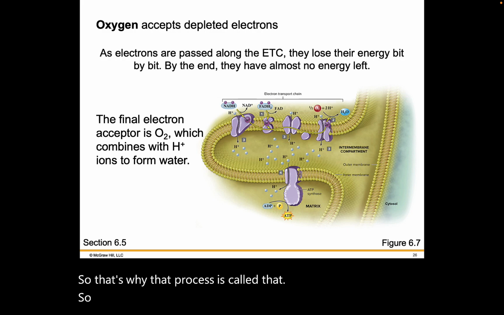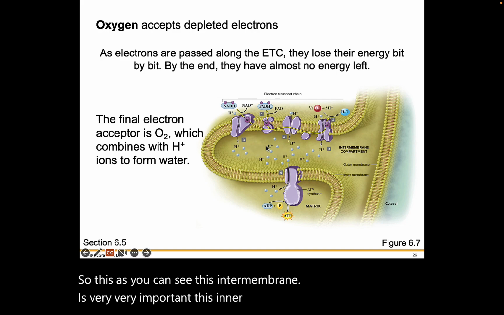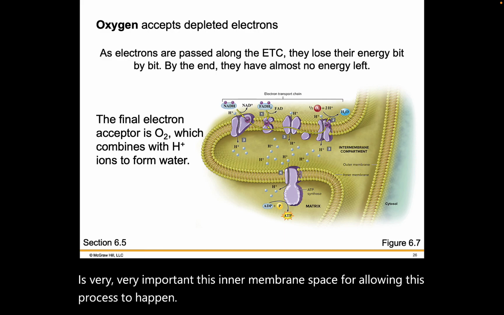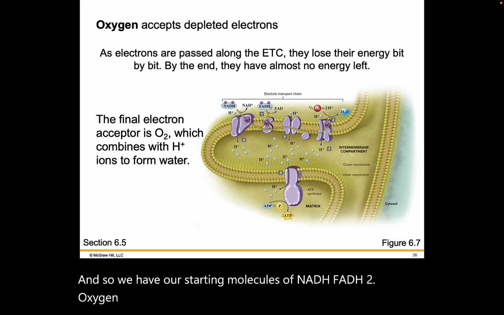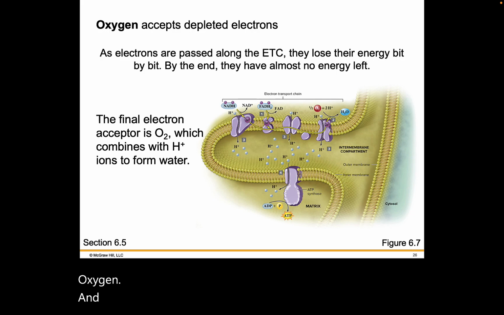So this, as you can see, this intermembrane space is very, very important for allowing this process to happen. And so we have our starting molecules of NADH, FADH2, oxygen, and ADP and inorganic phosphate, right?